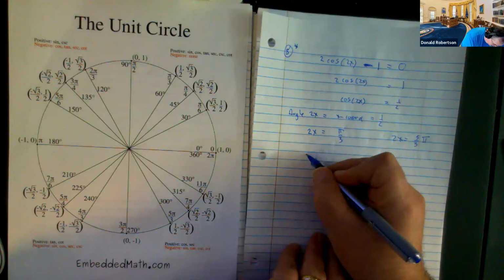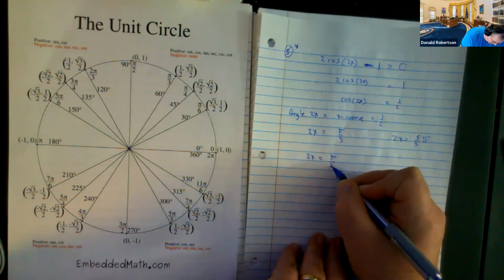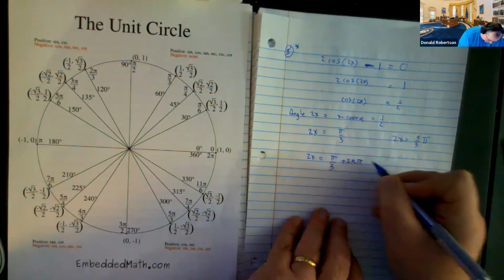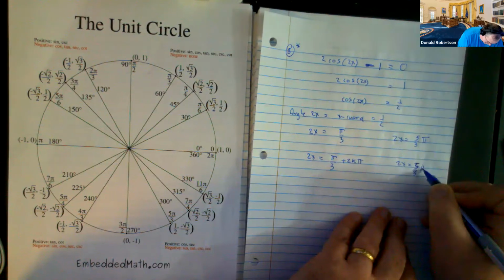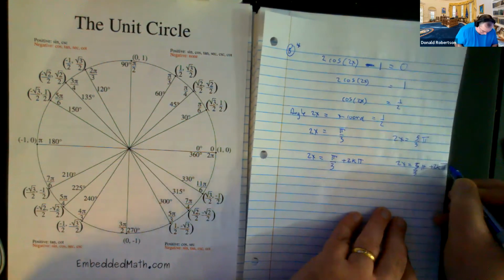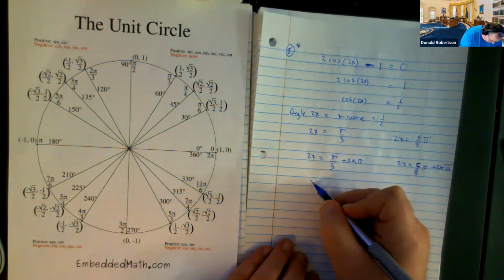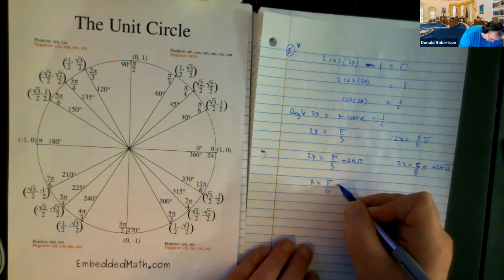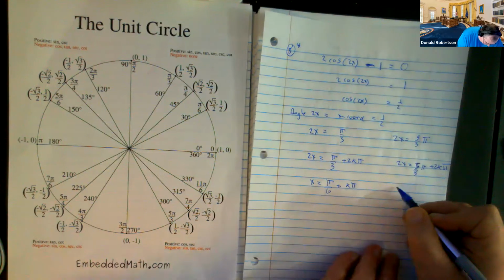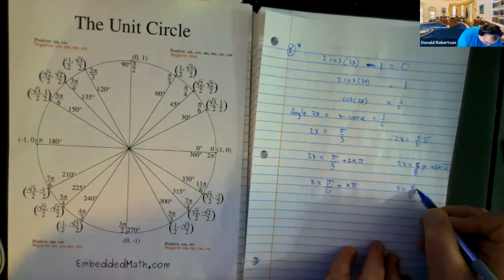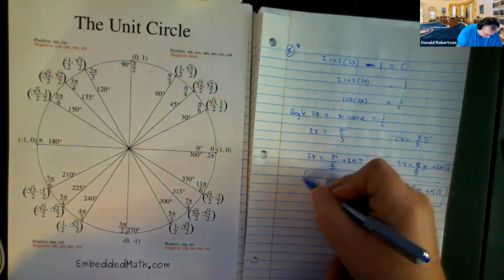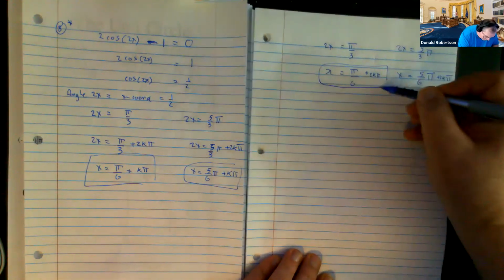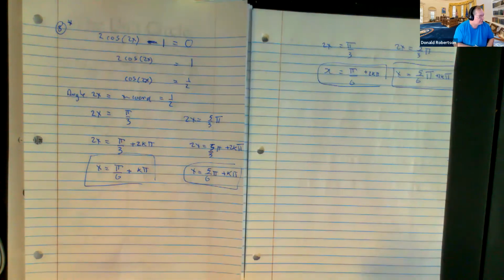When you get to this line, add in your 2k pi. Now divide everybody by 2. Do you see the difference between this solution and what you would have got if you'd done it the other order?